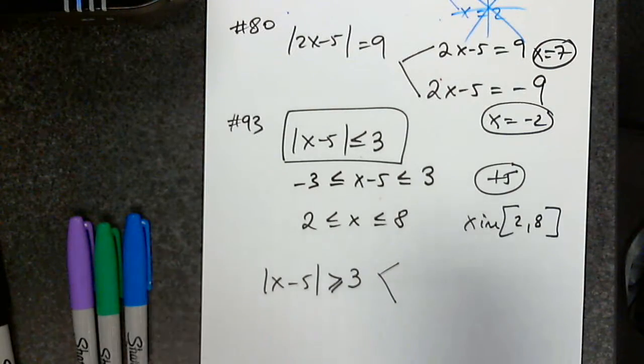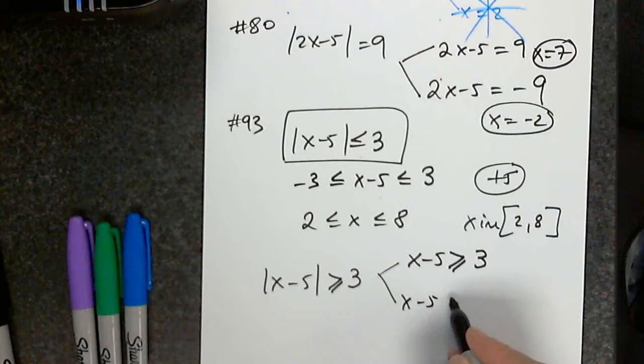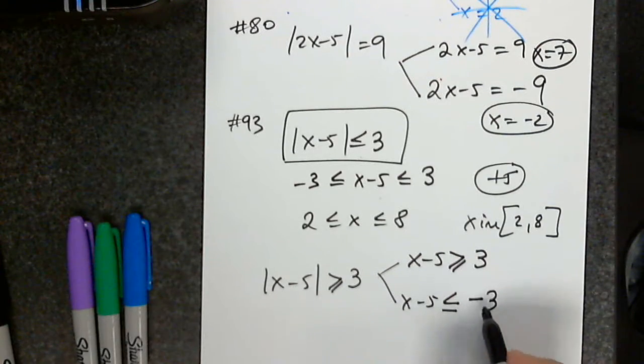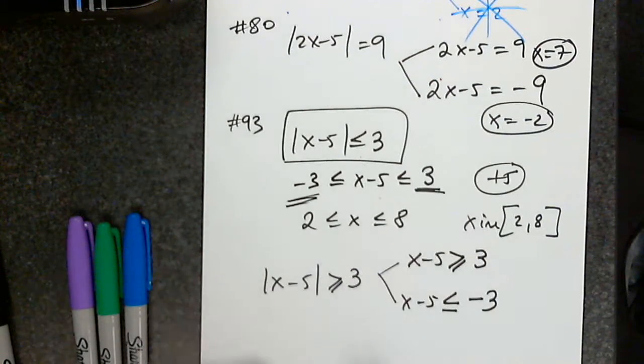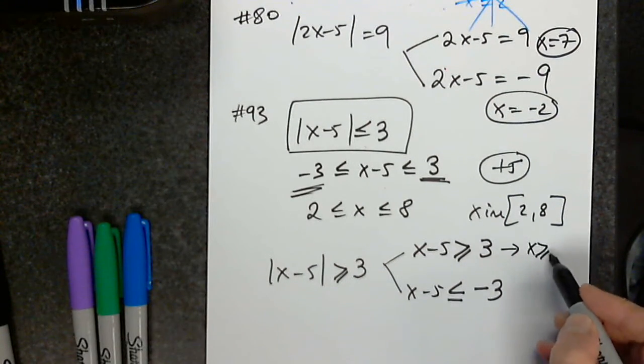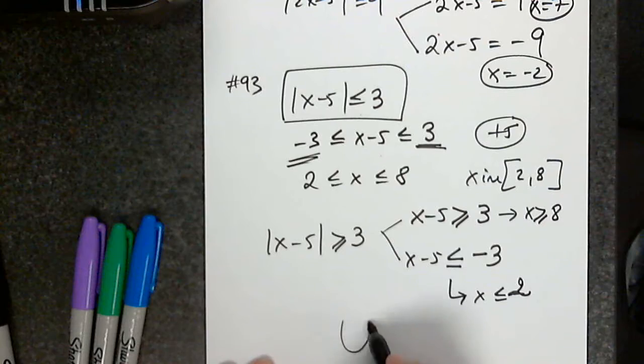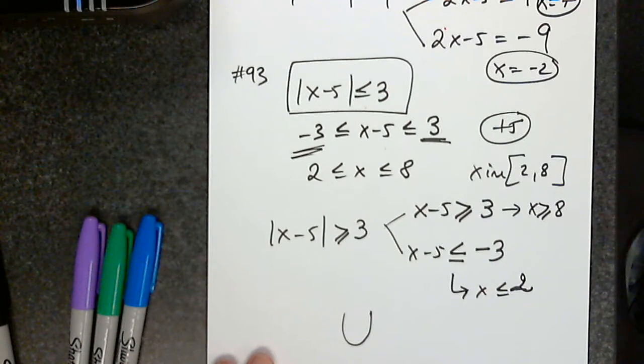That is already taken. So x minus 5 to the right of 3 or x minus 5 to the left of negative 3. As you see, what is between negative 3 and 3 is already taken by something else. So then this one changes into greater than or equal to 8, and this one changes into less than or equal to 2. So now this will always have the union.